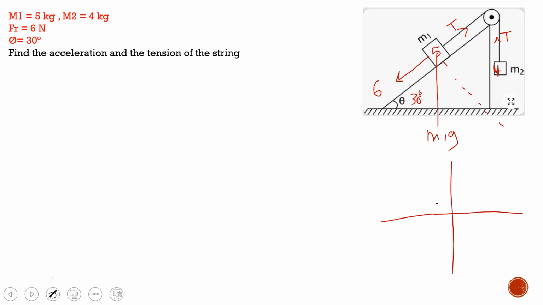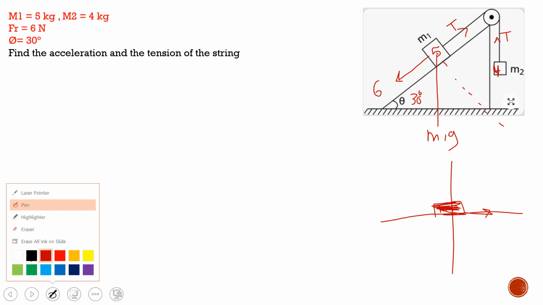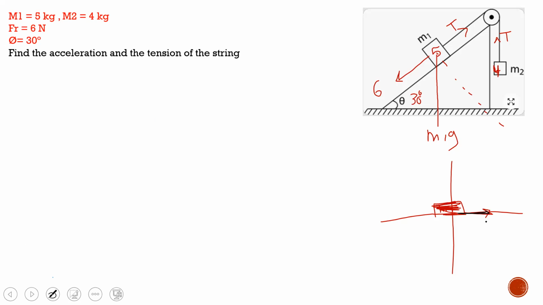For mass 1. This is mass 1, okay? Here we have a tension on the x-axis, and here we have 6 Newtons. Now, here we have M1G, as you see on this side.